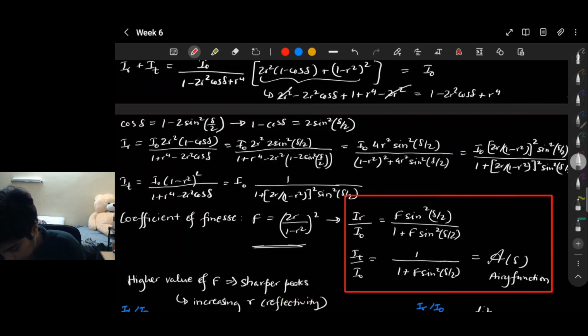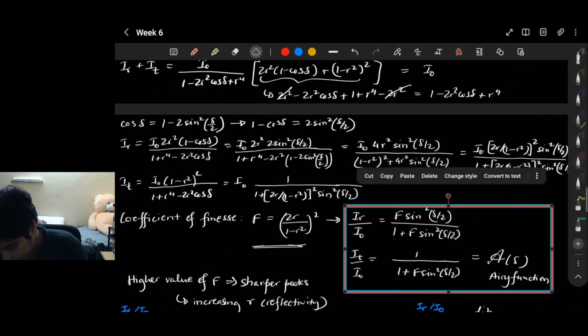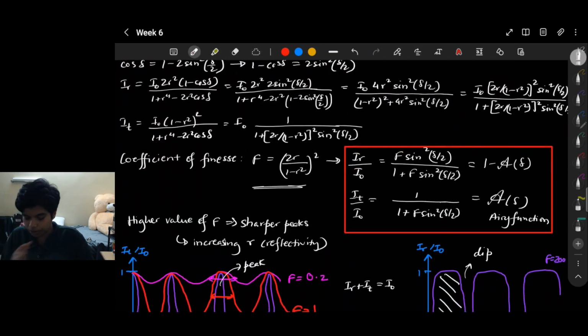This over here is 1 minus the Airy function, which it should be from conservation of energy.